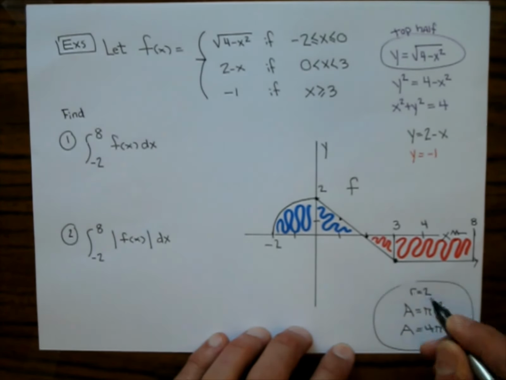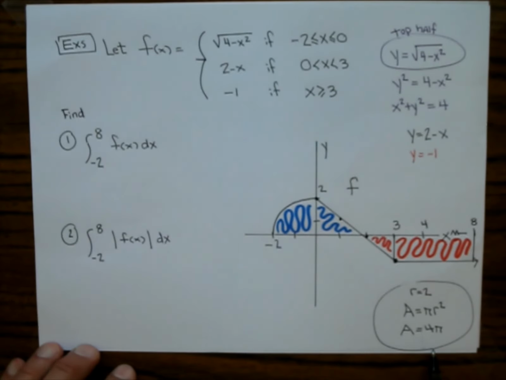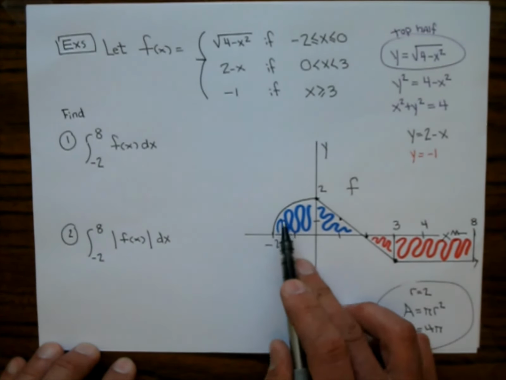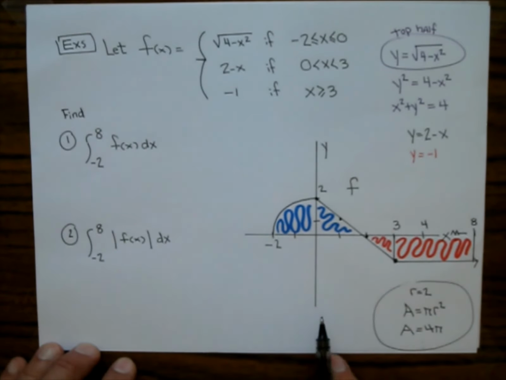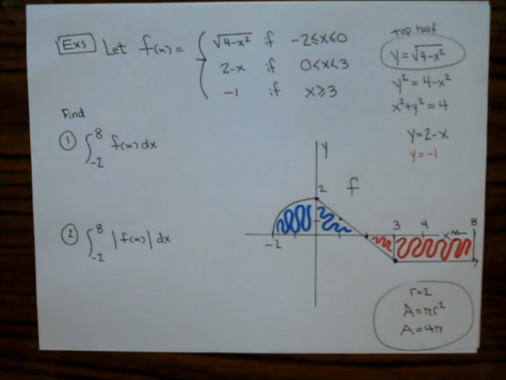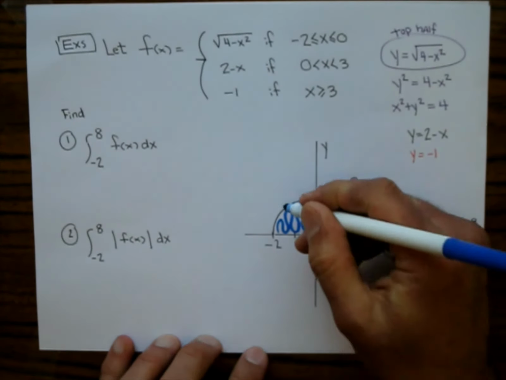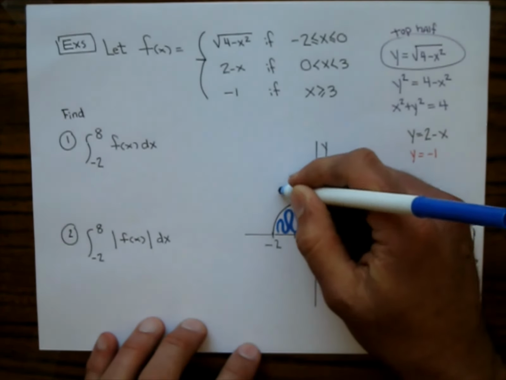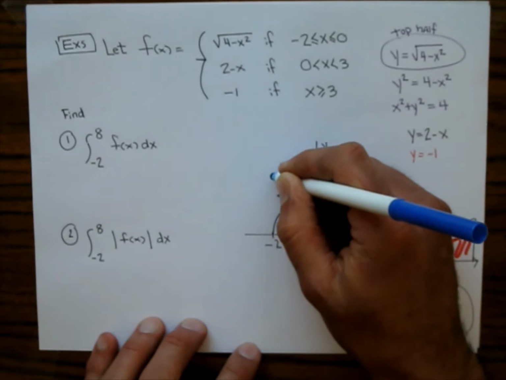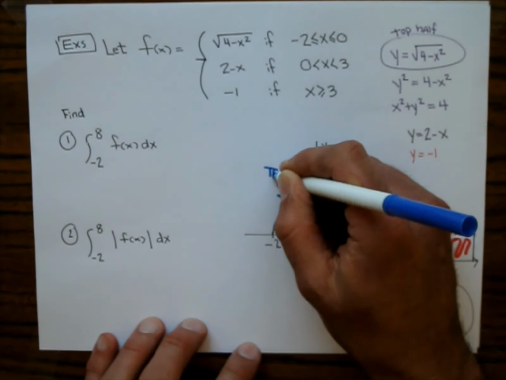Okay, so that's the area of a circle with radius 2. Now we have a quarter of a circle with radius 2. So ours is not going to be 4 pi. It's going to be pi. So this one has the area of pi.